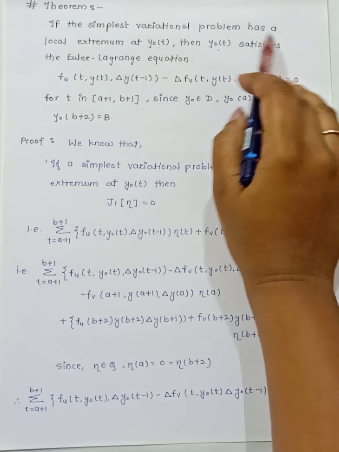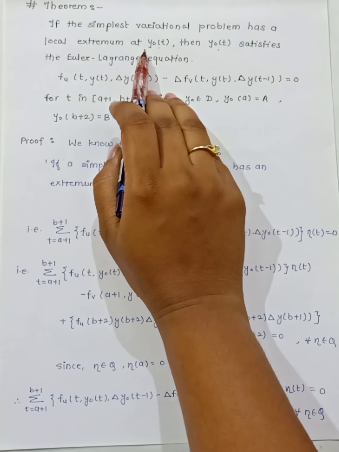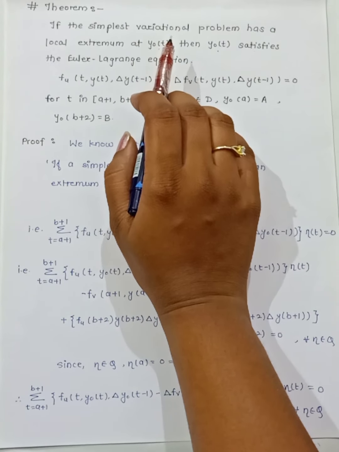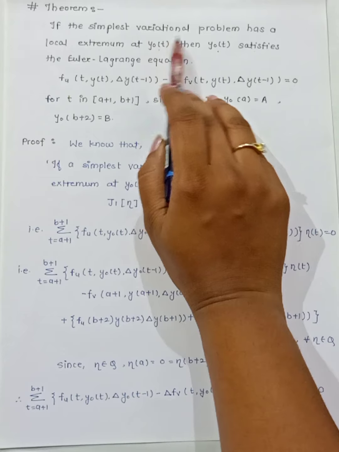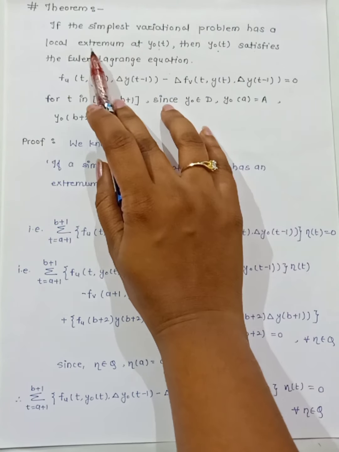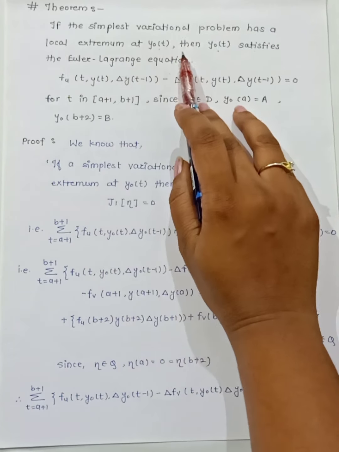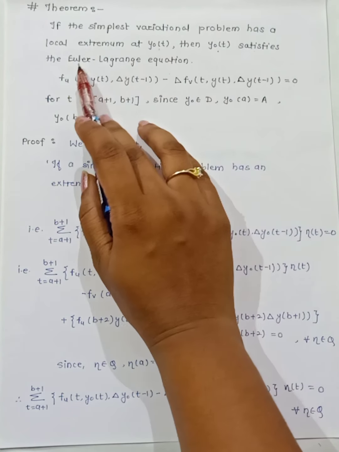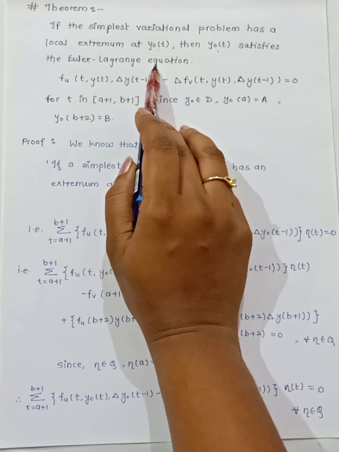If it has a local extremum at y0 of t, then this y0 of t will satisfy the Euler-Lagrange's equation.